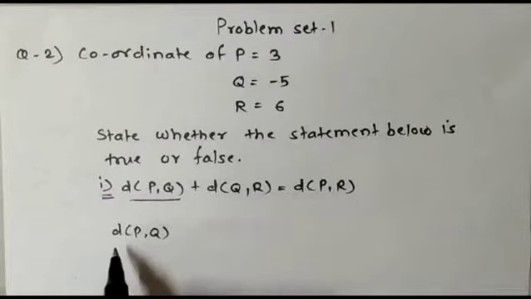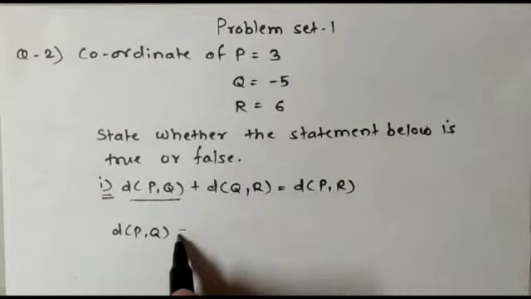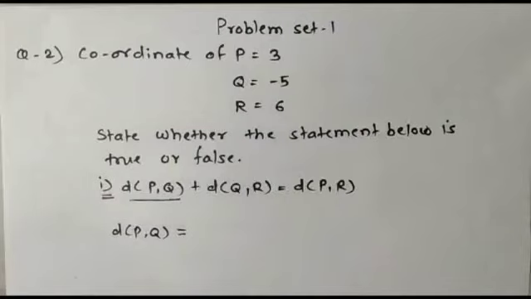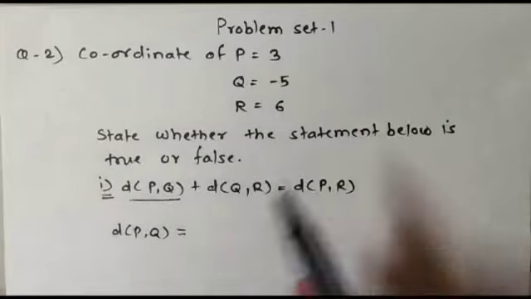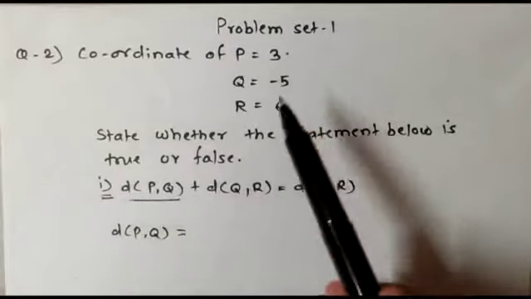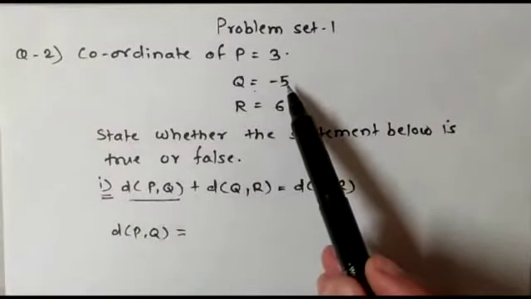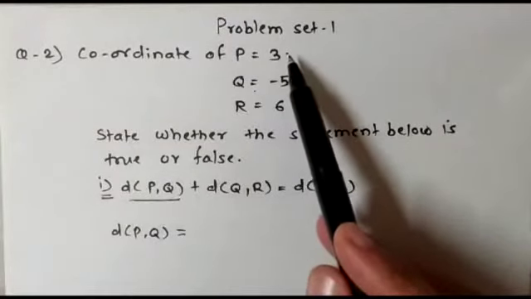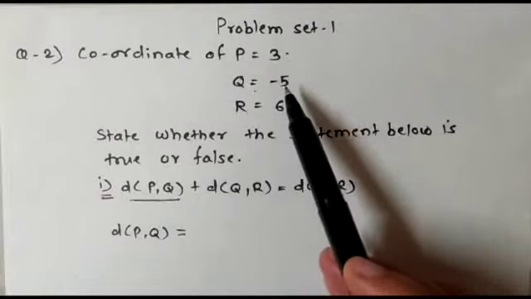So let's start with finding distance PQ first. Before we start finding distance, we have to first check the coordinates. Coordinate of P is 3 and coordinate of Q is negative 5. A negative number is always smaller than the positive number. So here 3 is greater than negative 5.